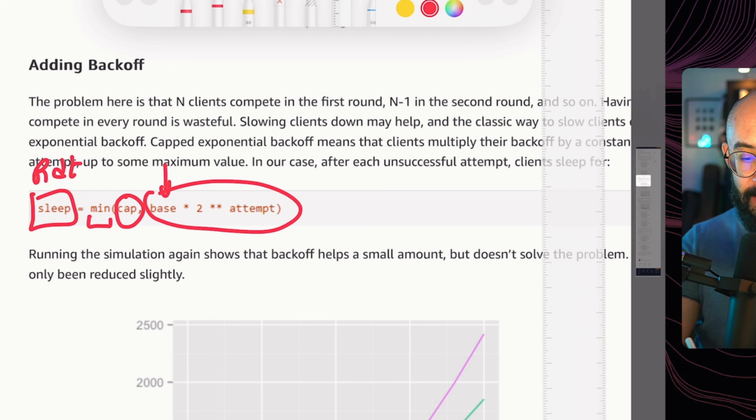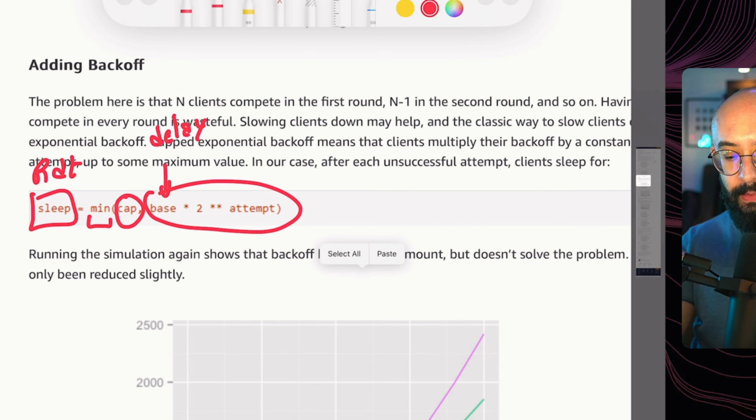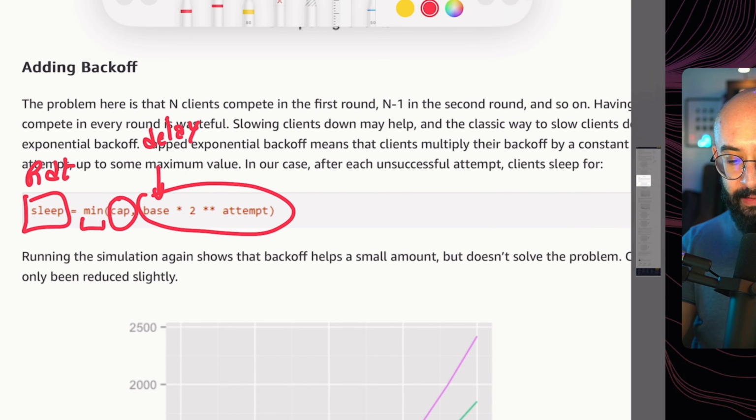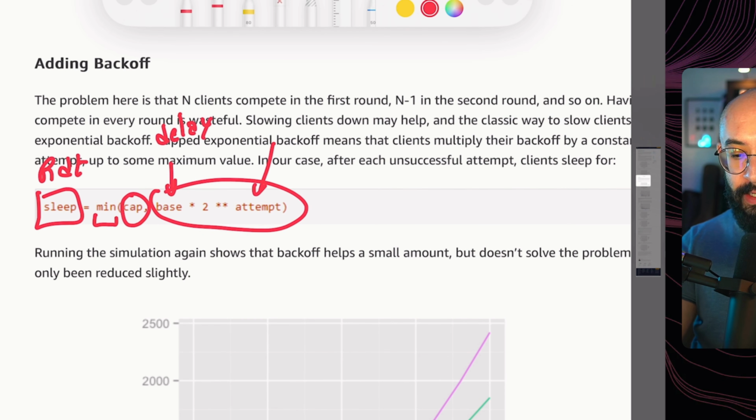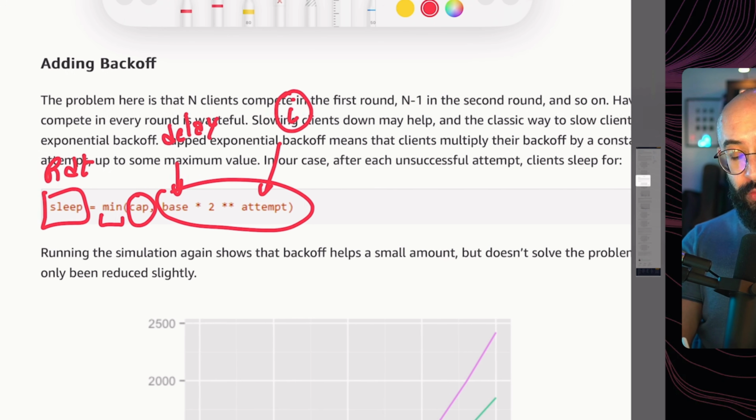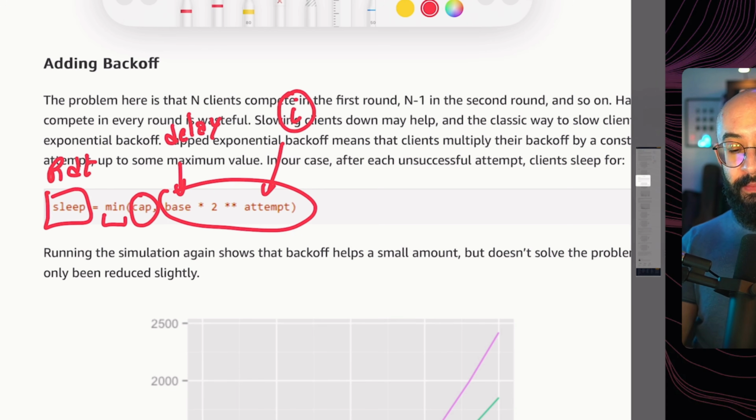Base is basically what we referenced as initial delay. 2 is the same number. And attempt is the exponent, which in our case was the value of I. And here they are multiplying base by 2, or multiplying the delay by 2, while in my case, I added 2 to the power I to the base, or to the delay. There's no major distinction between these two.